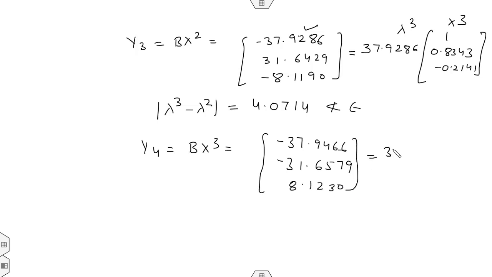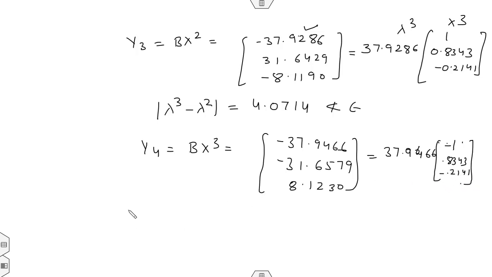The maximum value is 37.9466, giving 1, -0.8343, 0.2141 as x4.